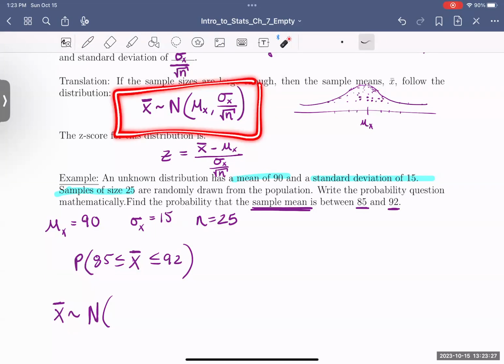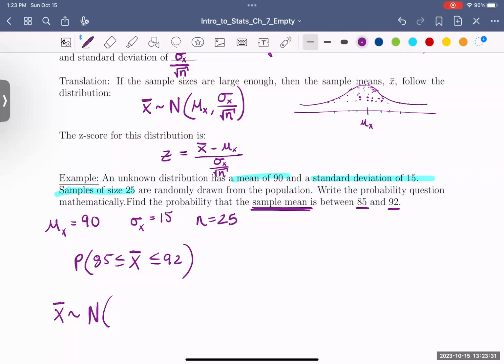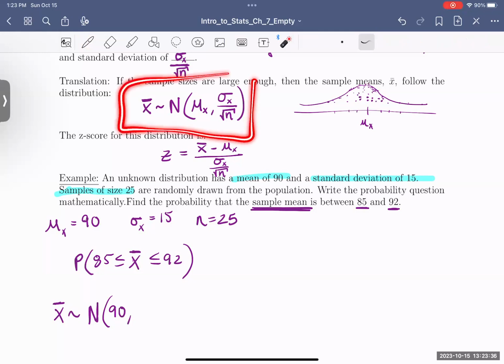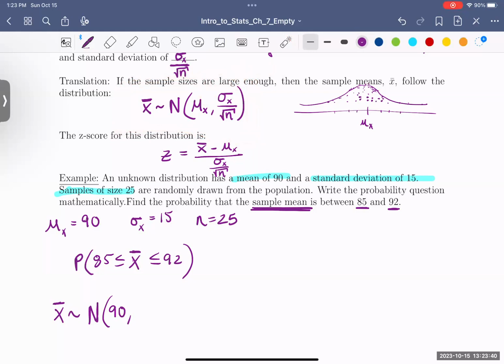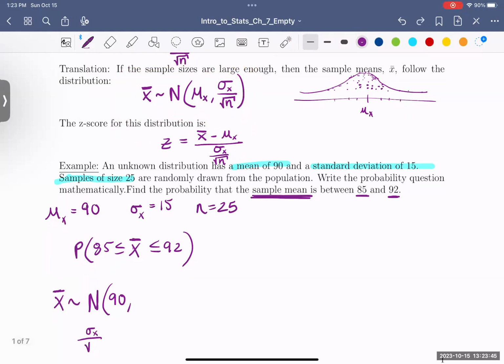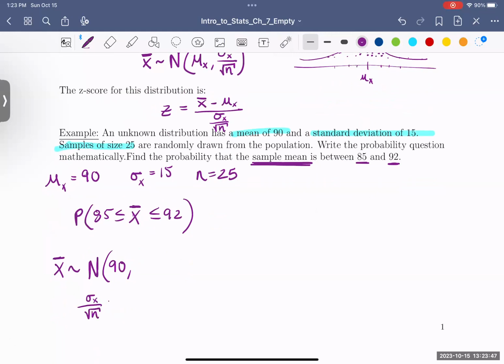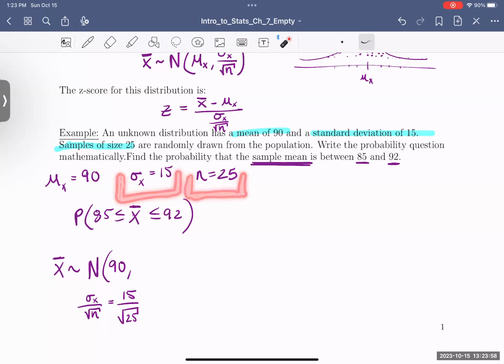X bar is normally distributed with a mean of 90, same mean as the original, and a standard deviation of the old standard deviation divided by the square root of n.